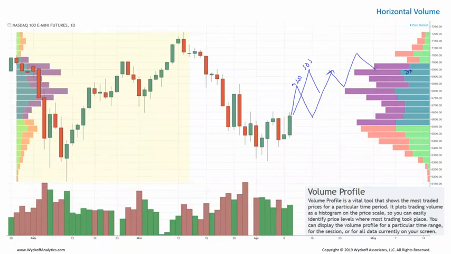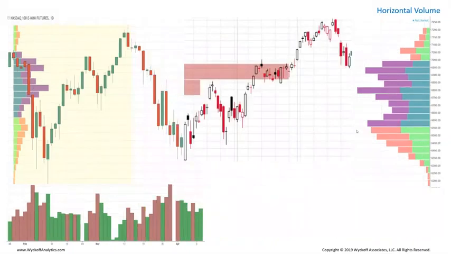Again, demand is increasing somewhere here. And then probably overcoming and hitting that resistance. So this is just an approximation of how we could possibly move here, just based on the supply and demand signature. Let's see how we moved.